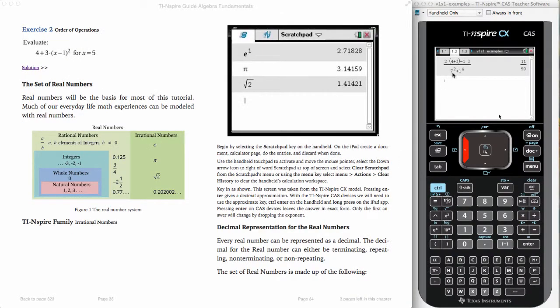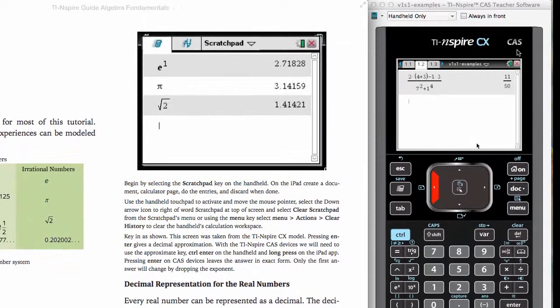Now there's two versions of the calculator. One is the computer algebra system, and the other one is the numerical version. We recommend the computer algebra system because it can help us a lot more with the theoretical material.